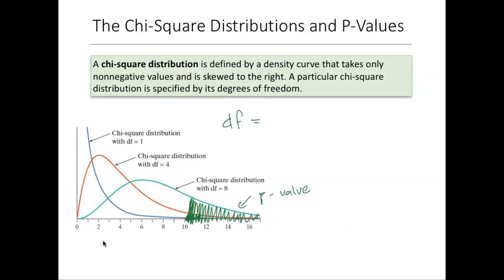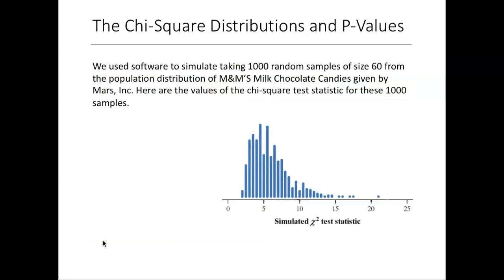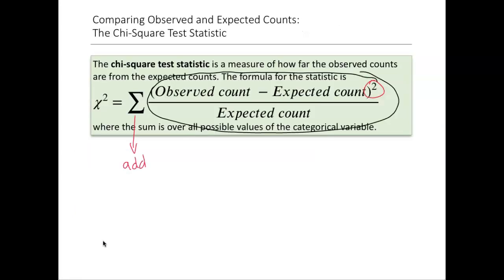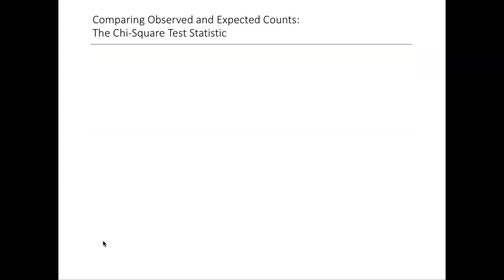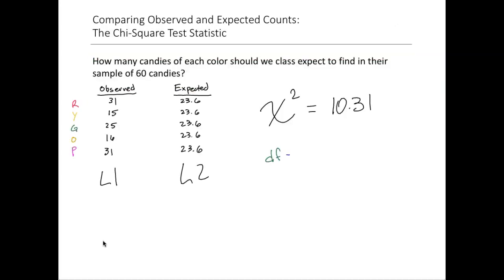So it's number of categories minus 1. All right. So in our case, how many degrees of freedom do we have? Good. Okay. So we have 5 categories. So we have 4 degrees of freedom. And let's go ahead and run.